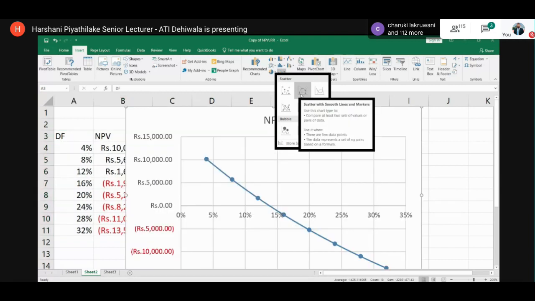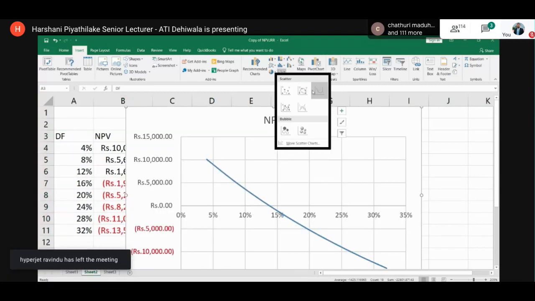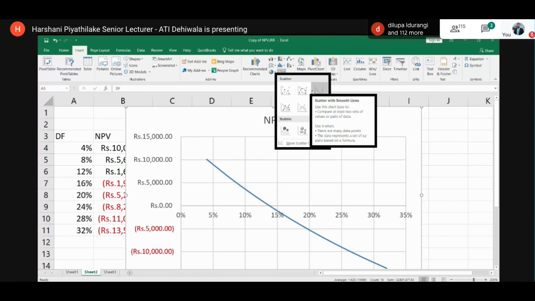Normally we use smooth lines to create the scatter graph, right? You can see scatter with smooth lines without markers. Here you can see, do not select a different chart type as you like. These are the suitable graphs.